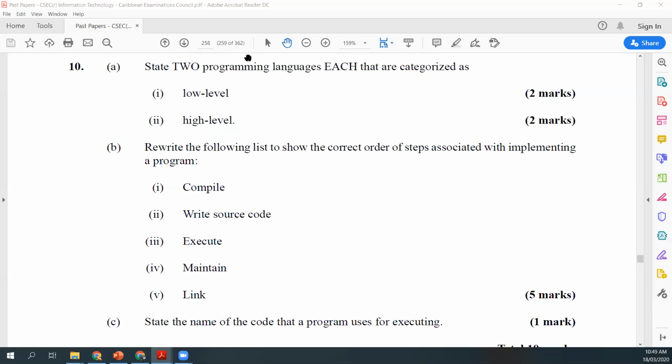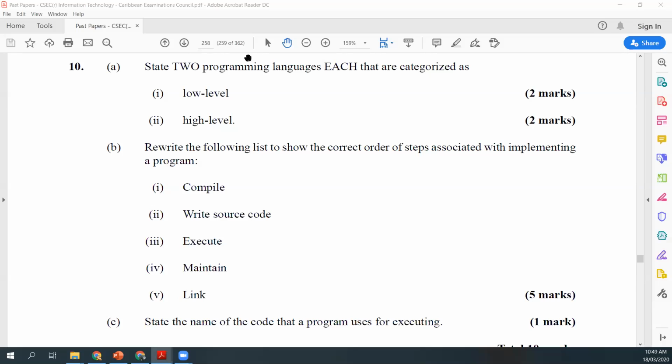And after the program is executed, you maintain the program, right? You make sure that if there are any updates, changes, or optimizations, that's part of maintenance. So the steps in order will be to write the source code, compile, link, execute, and then maintain.